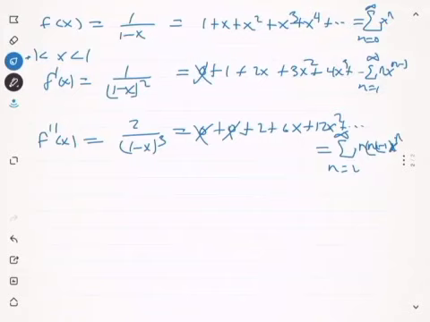But you start at n equals 2. So this is one application, and then you can continue taking the derivative of this.